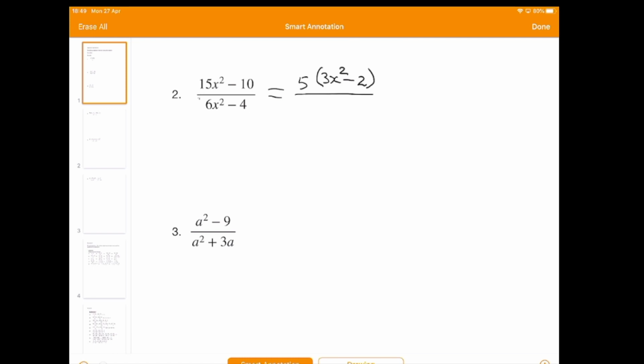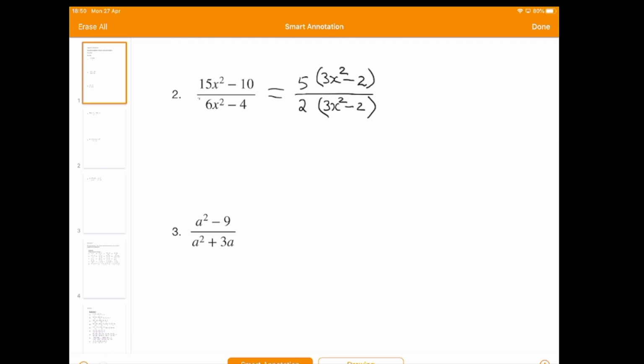Then we move on to the denominator, and we factorize again. The highest common factor is 2 in this case. So if 2 goes outside, you get the other factor, remember, by dividing by 2. So if you divide that expression by 2, you will get 3x squared minus 2. You can always check your answers.